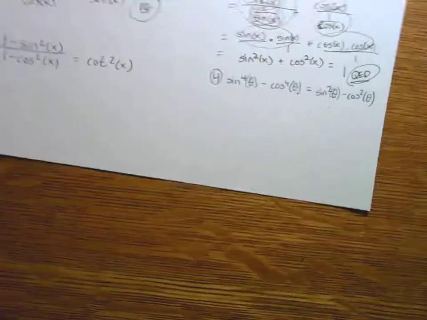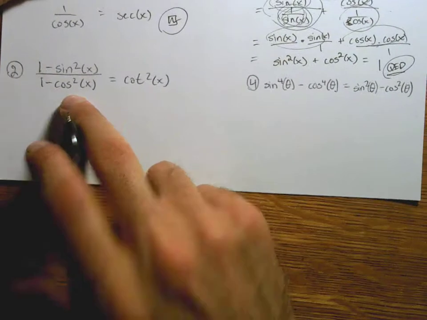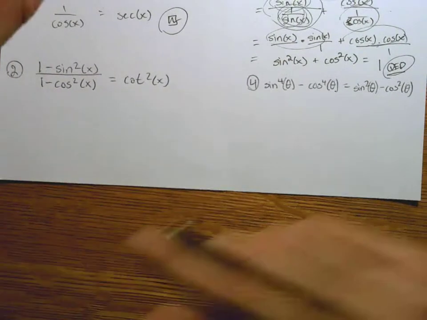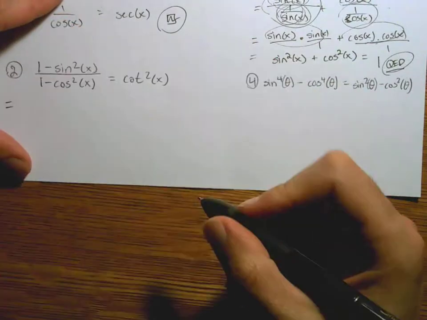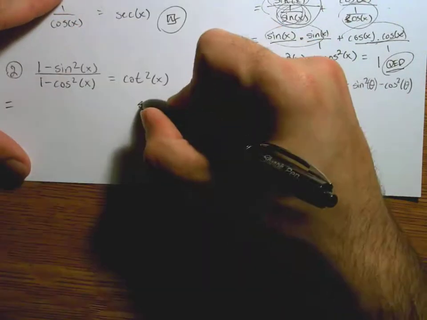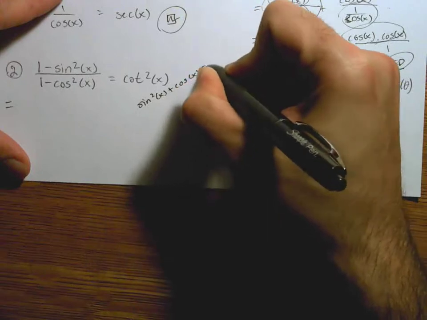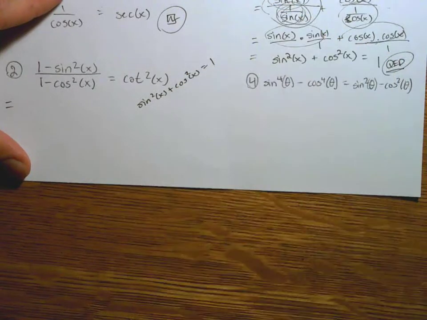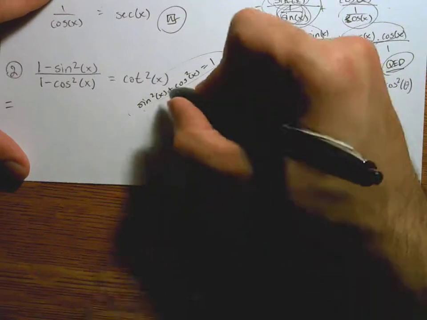Alright, we went over these in class, but for those of you that weren't there, let's just quickly go over it. I can't rewrite any of this stuff, but I know that this stuff looks an awful lot like this identity here. In fact, if I rewrote this identity to look like 1 minus sine squared, I'd find something out.